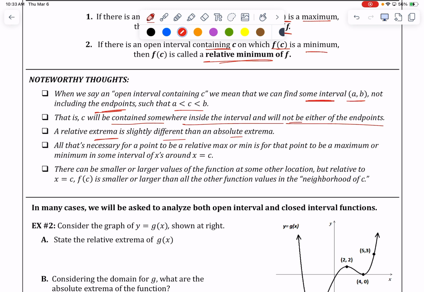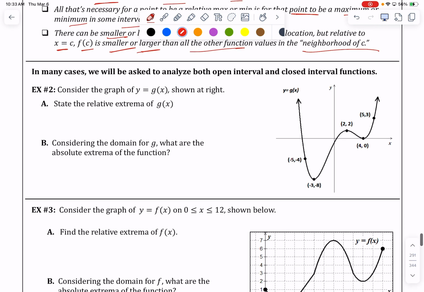We already brought that up. All that's necessary for a point to be a relative max or min is for that point to be the max or the min on some interval of x around C. There can be smaller or larger values of the function at some other location, but relative to x equals C, f of C is the smallest or largest of all the other values of the function in the neighborhood of C.